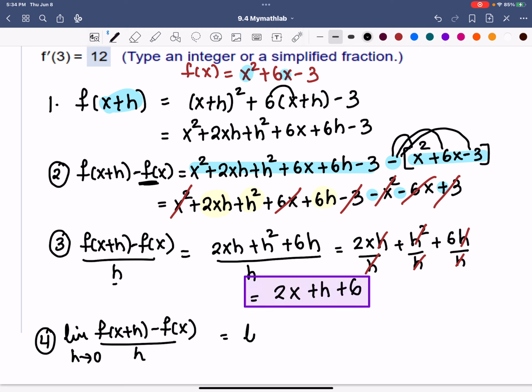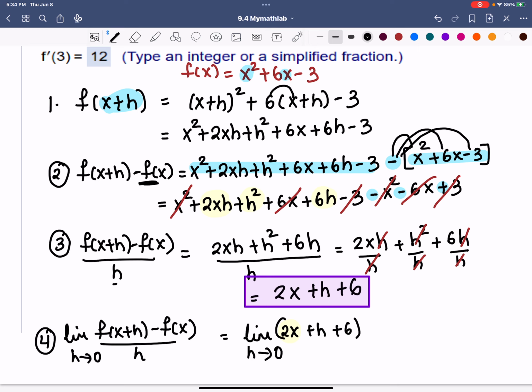So this is limit h goes to 0 of 2x plus h plus 6. Now you can follow the rules of limits and do everything separately, but I'm assuming you've done that before. So limit h goes to 0 for 2x. Wait a minute, I don't even have an h there.